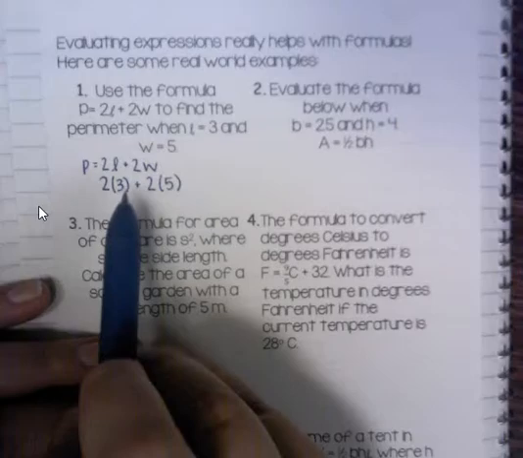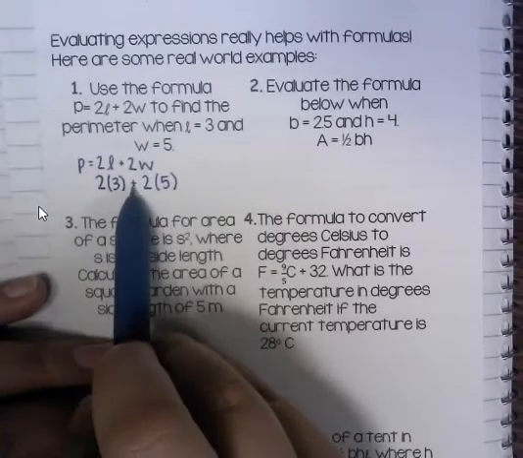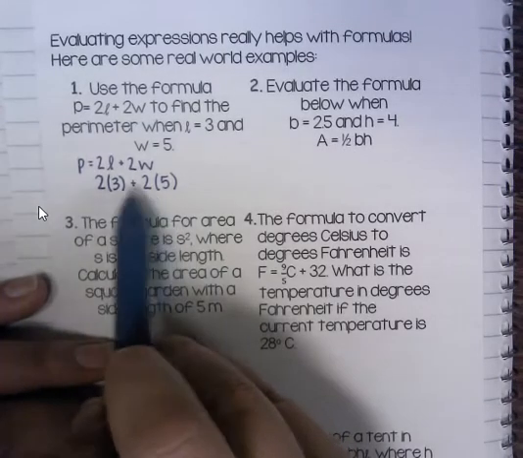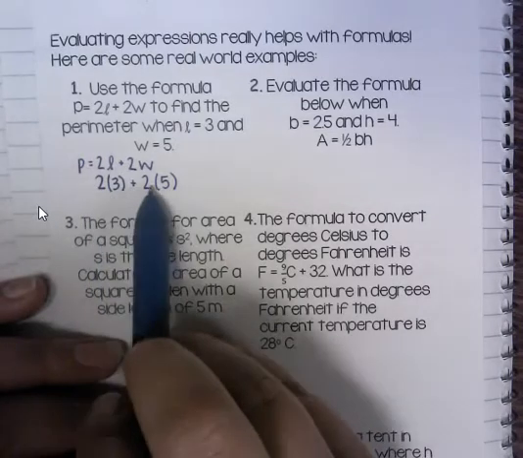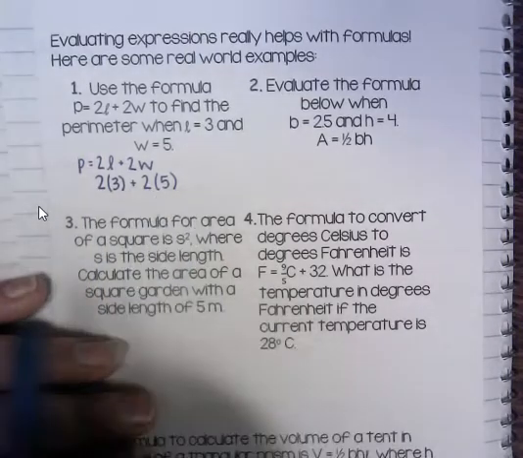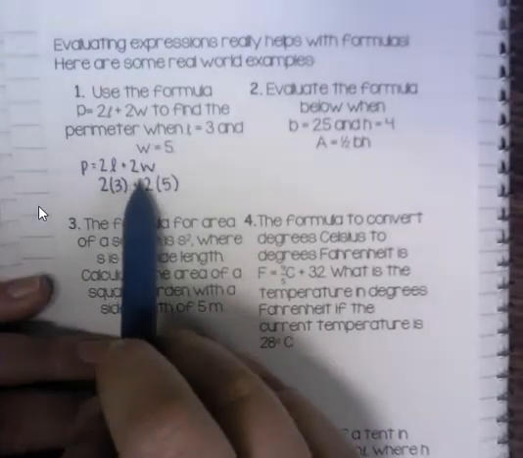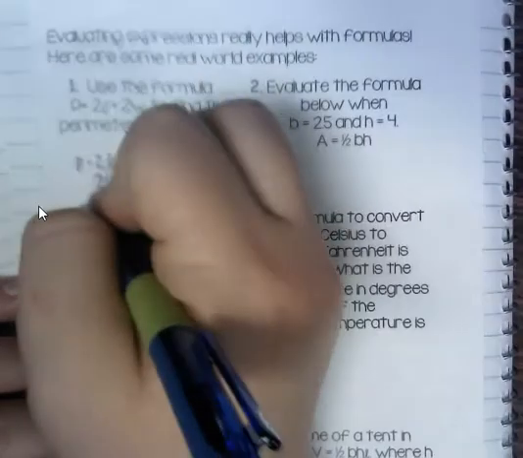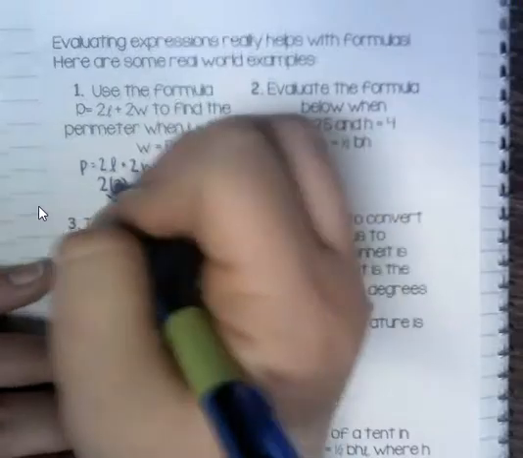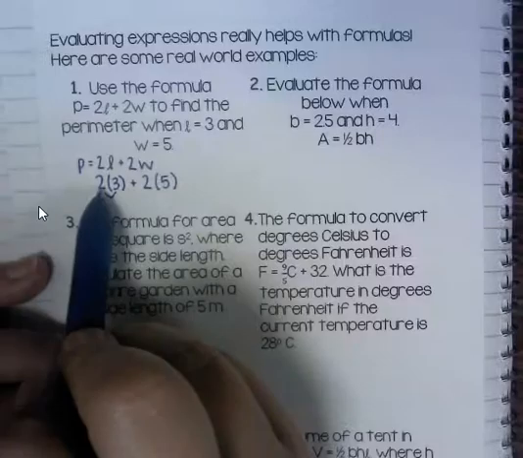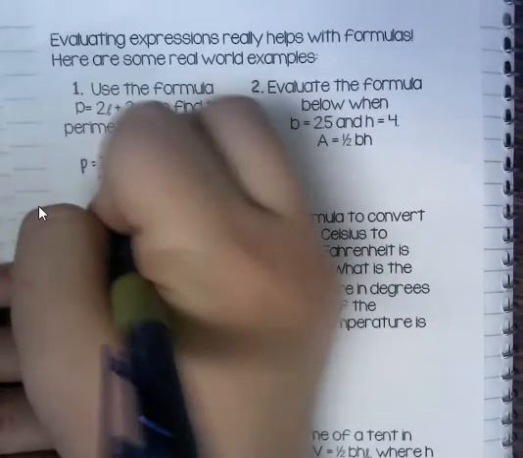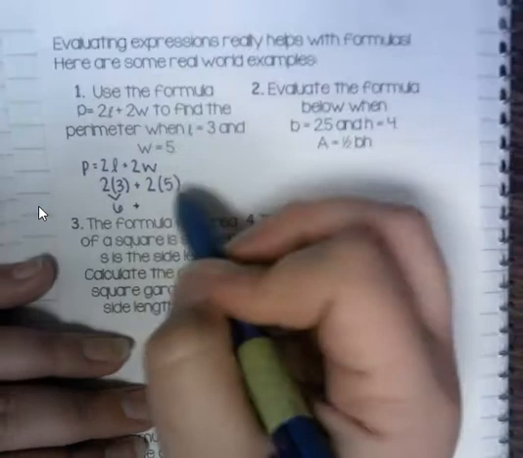Now I've got multiplication, addition, and multiplication. I'm going to do both of my multiplications since they're unrelated. They're separated by an addition sign. So just to speed things up, I'm going to do them both at the same time. 2 times 3 gives me 6, plus 2 times 5 gives me 10.